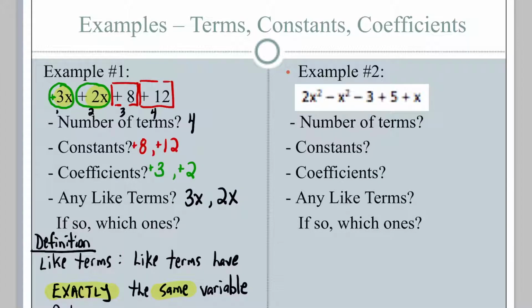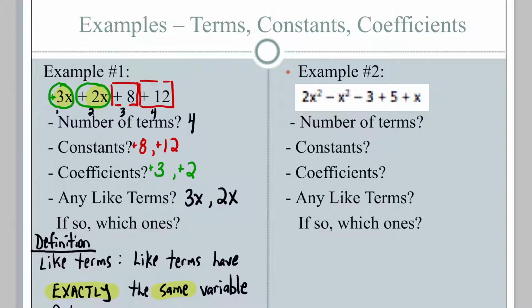If there are more than 2 different types of terms, you can use triangles or underlines, but do your best to distinguish those terms that may be like terms, grouping them together with one shape, and other like terms with another shape. So hit pause, work example 2, and when you're finished, hit play once again.